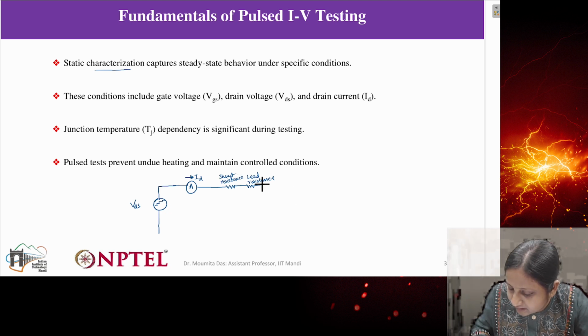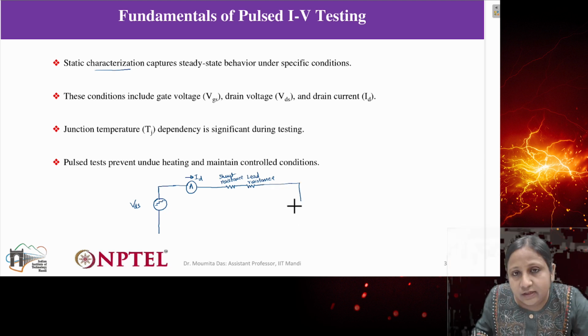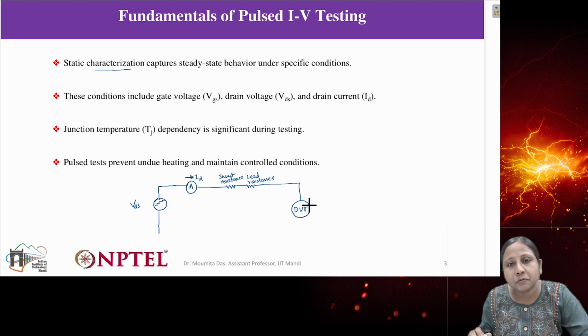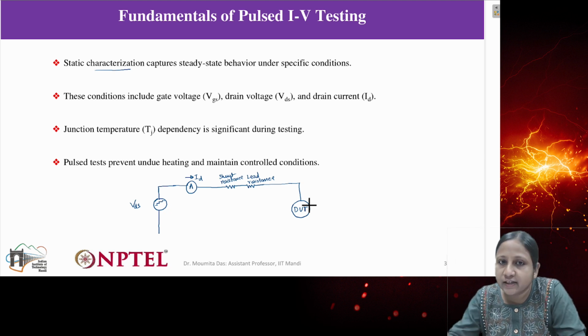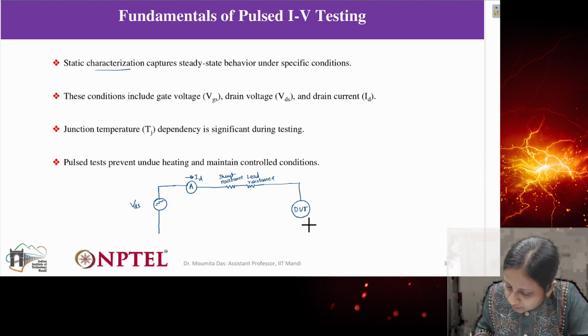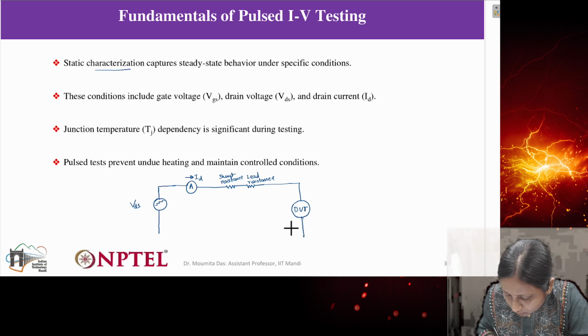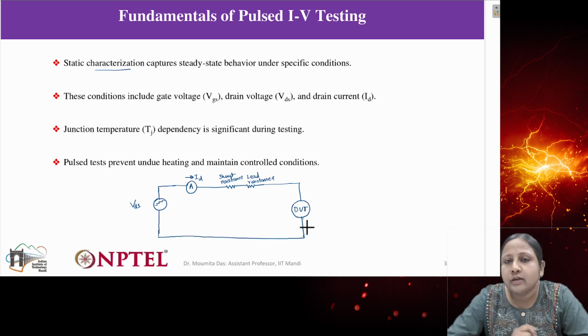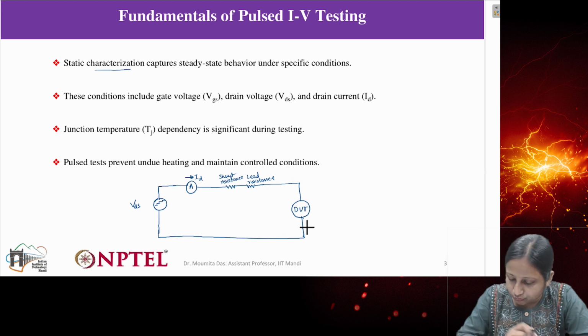Now this will be connected to the device under test. Let's represent this as DUT. The full form of DUT is device under test. Now this will be connected to the negative terminal of the source.